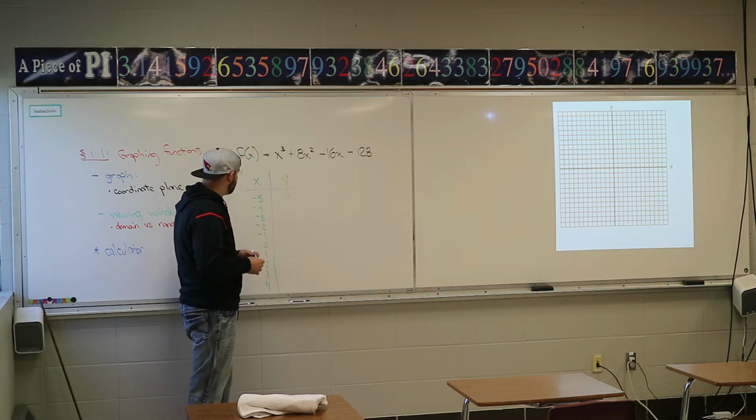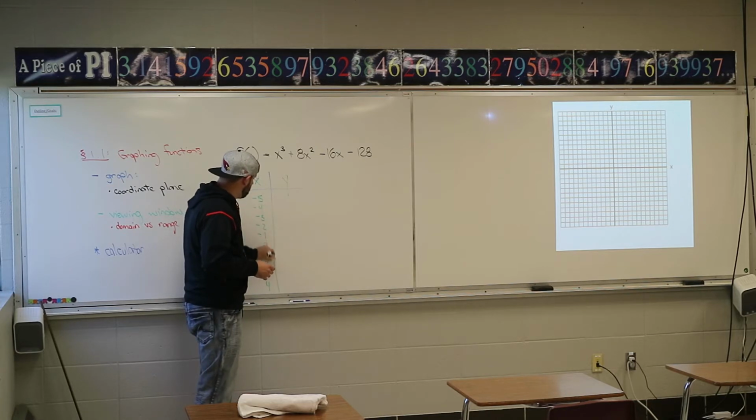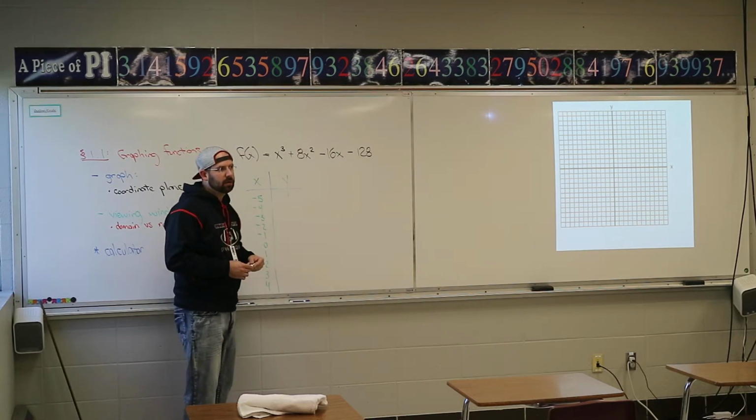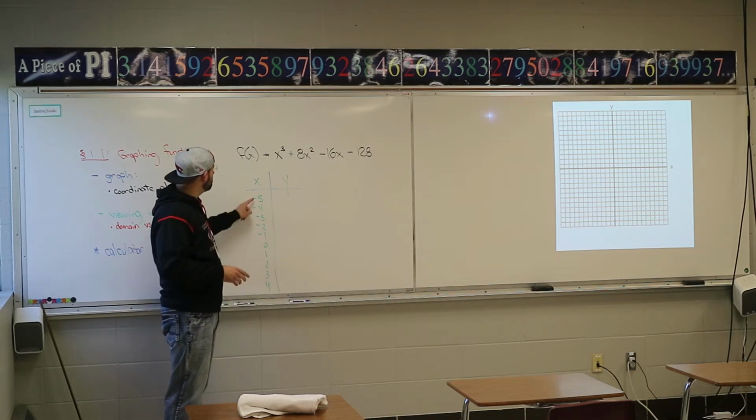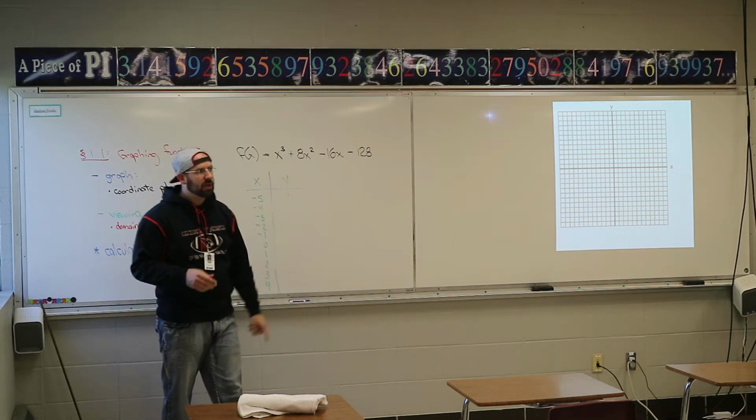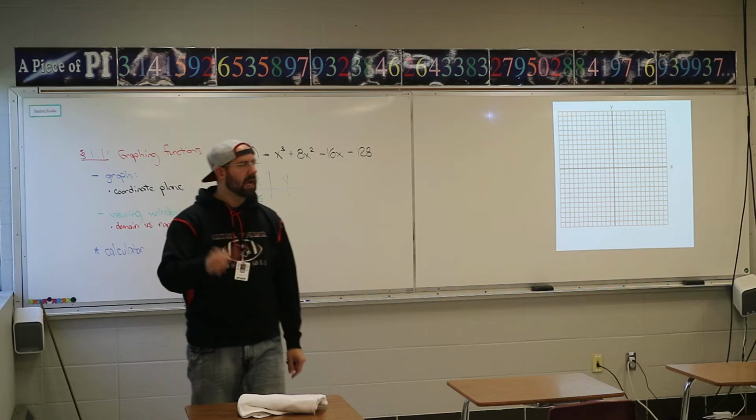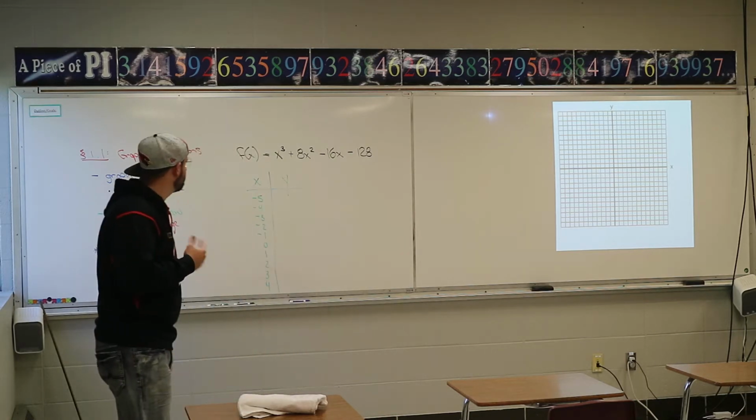So -5 up to 5. Grab a calculator, start typing these numbers into that function, enter them into all those x spots, hit enter, and write down your numbers in your table. I'll do the same thing.